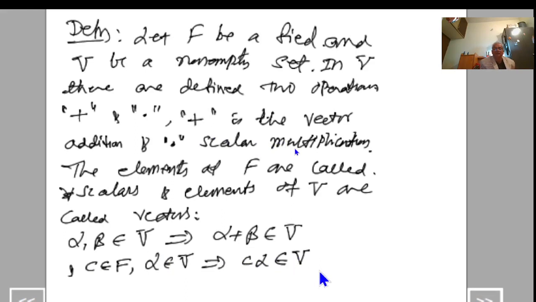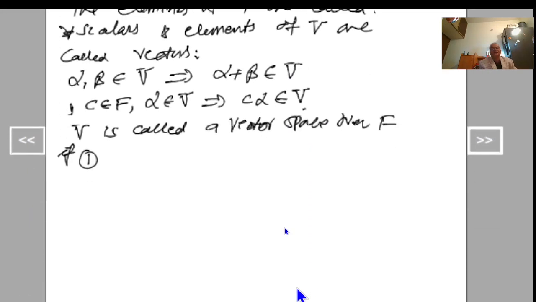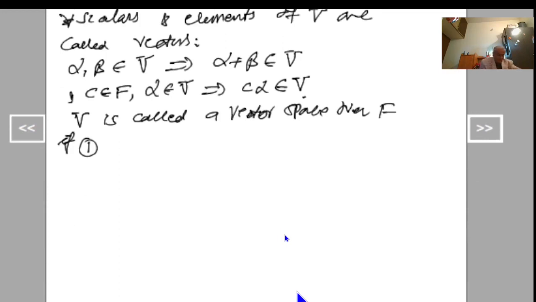We define these in V. So with these operations, we say that V is called a vector space over the field F if some axioms are satisfied. What are those axioms?